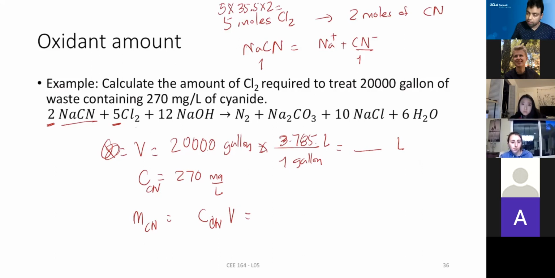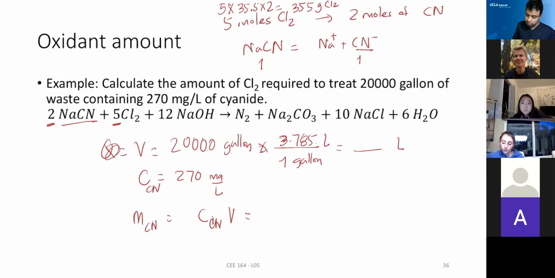That's the molecular weight, so that will be 71. So 71 times 5 will be 355 grams of chlorine. So what I'm saying here is that if you take 355 grams of chlorine, you will treat 2 moles of cyanide.